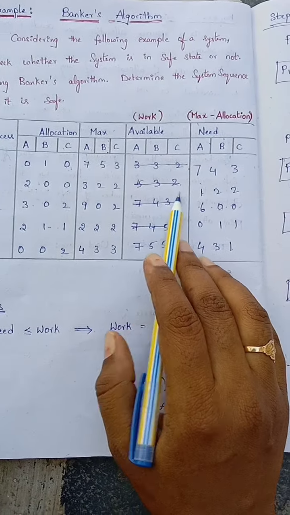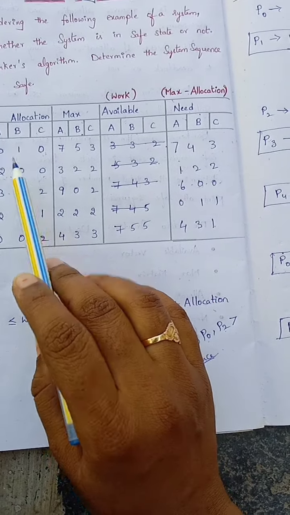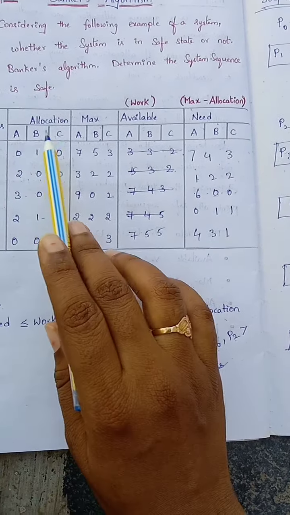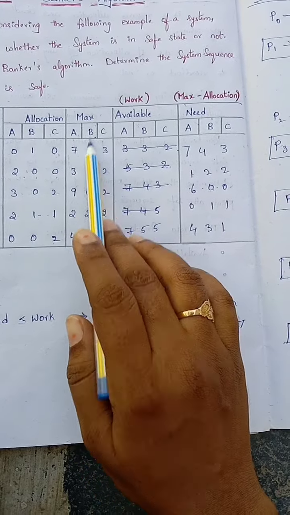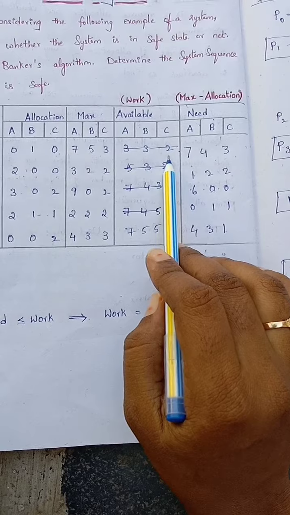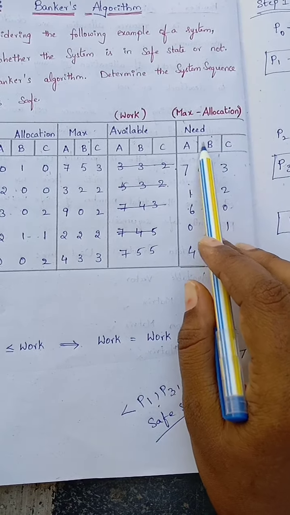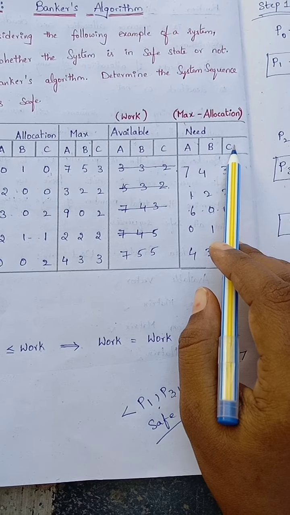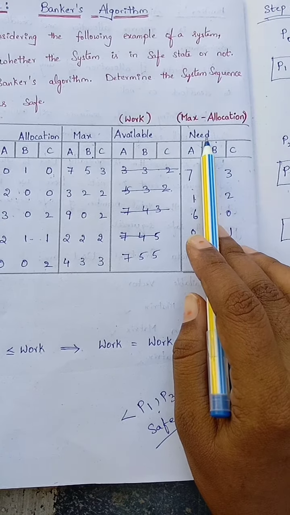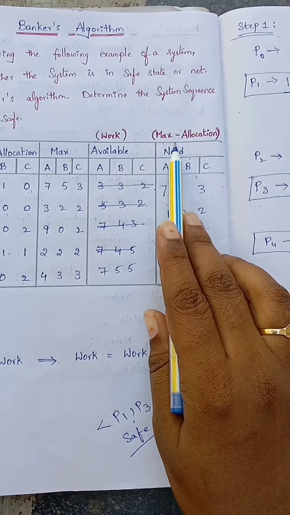So I'll repeat the process once again. In the problem they have given 5 processes along with allocation and max values, and the initial value of available or work is 3, 3, 2. So we need to calculate the need matrix by the formula max minus allocation.